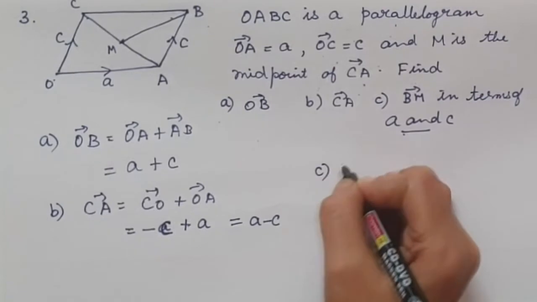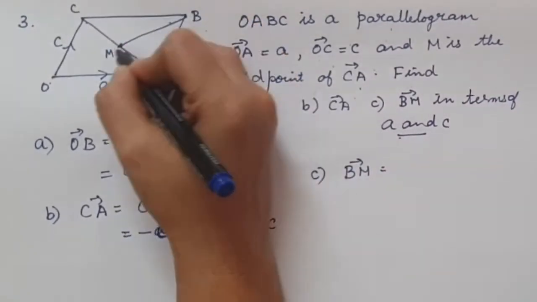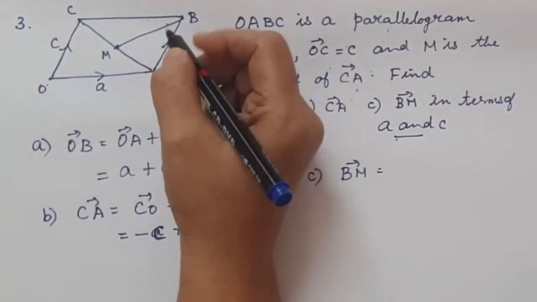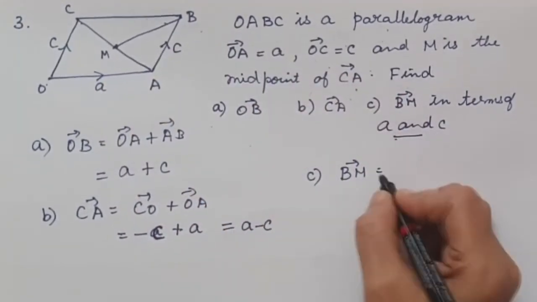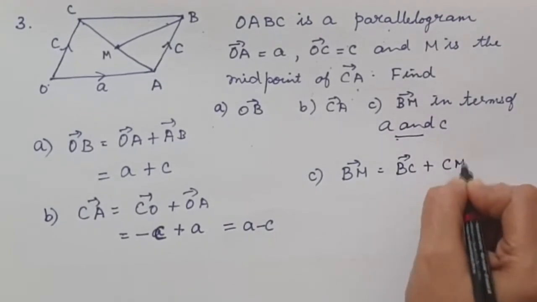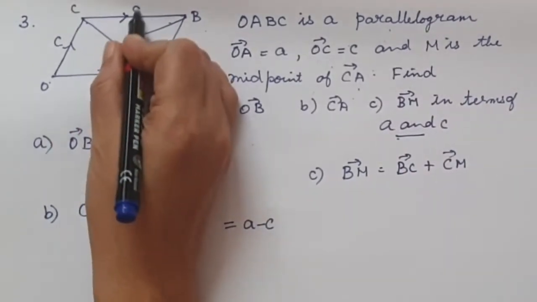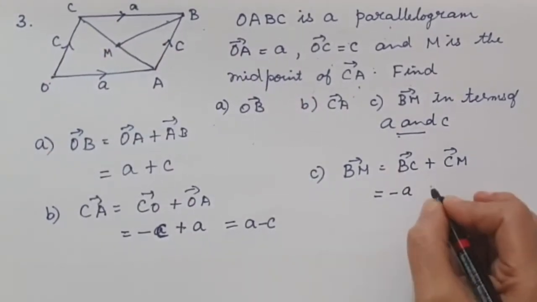Now the C part, we need to find BM. In order to find BM, we can write it as BA plus AM, or we can write it as BC plus CM. Now here BM will be equal to BC plus CM. Our BC is in this direction A, so we are going against the arrow, so it is minus A for BC.